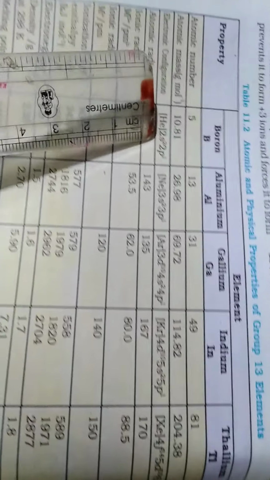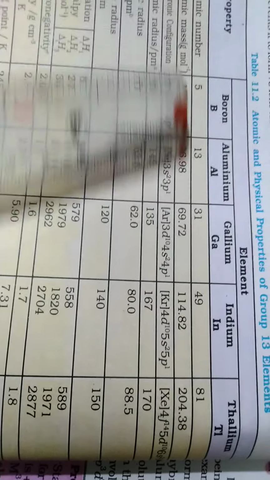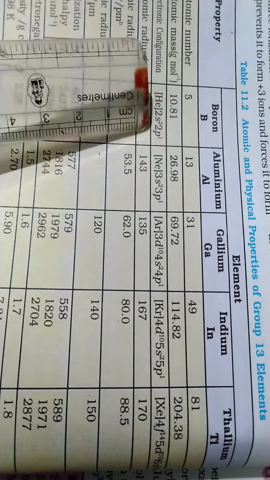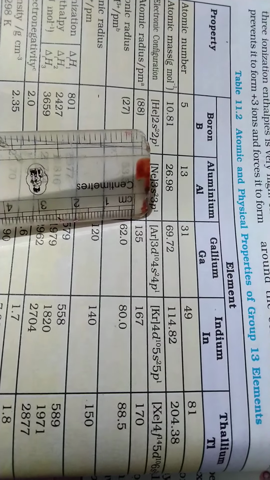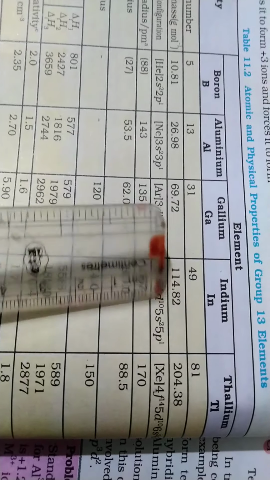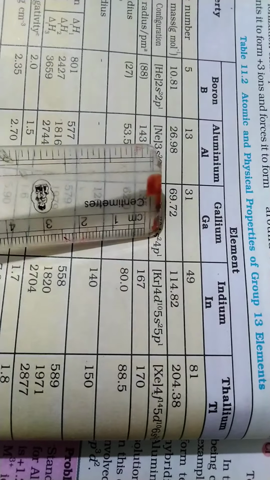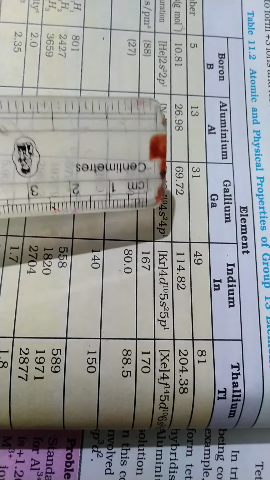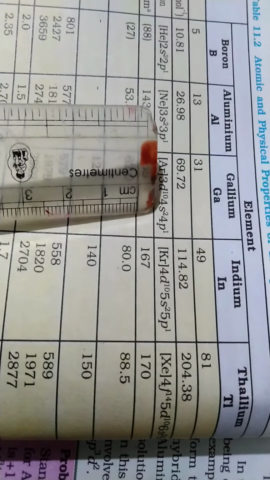Once again, comparing all the 5 elements, boron, aluminium, gallium, indium and thallium, for boron and aluminium +3 is the common oxidation state. Even for gallium, indium and thallium the common oxidation state is +3. Apart from the +3 oxidation state, they are more stable only when they show +1 oxidation.